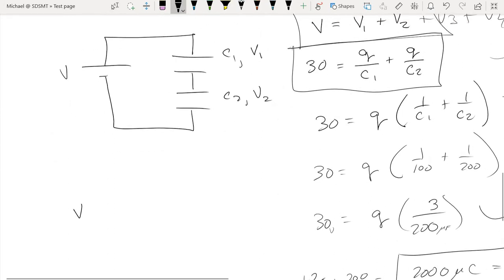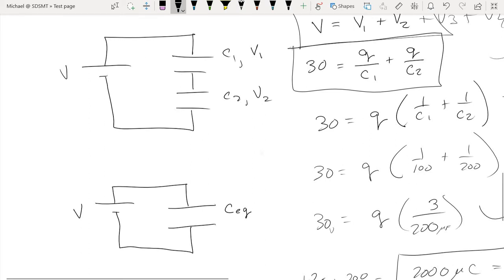And by alternative, I mean, is there some other capacitor in existence that I could use and accomplish the same job as what these 2 capacitors are doing together? And we would call this the equivalent capacitance of the system.